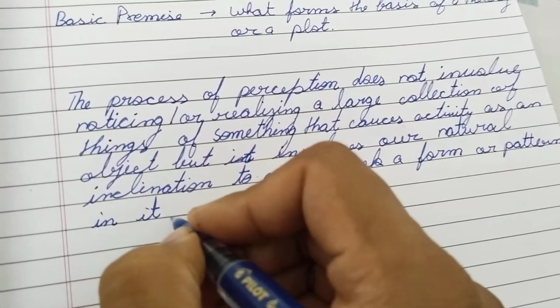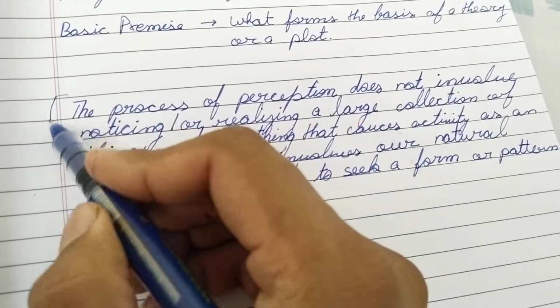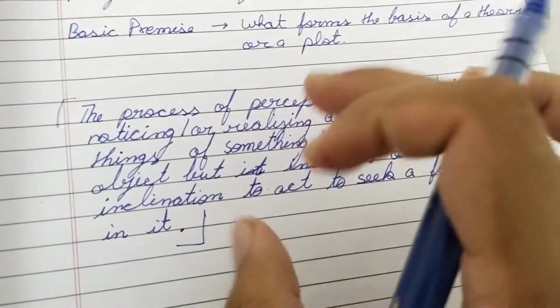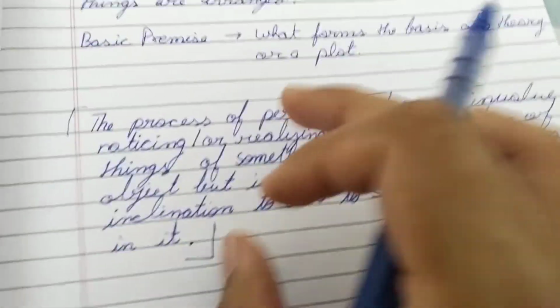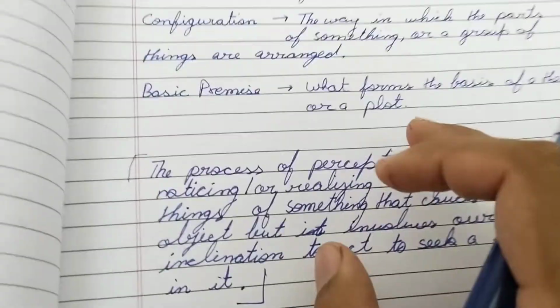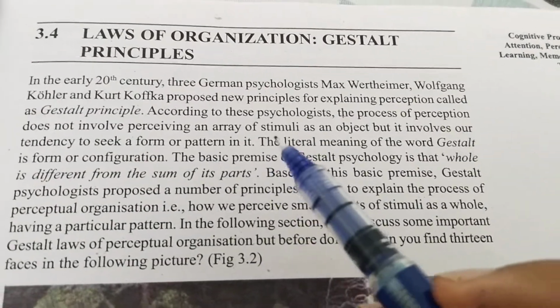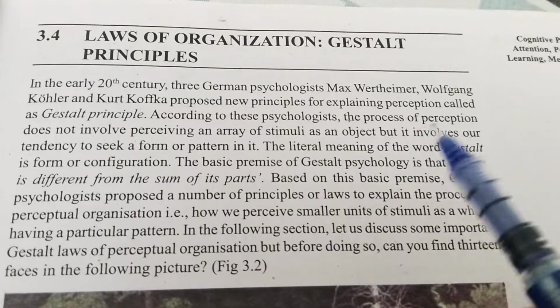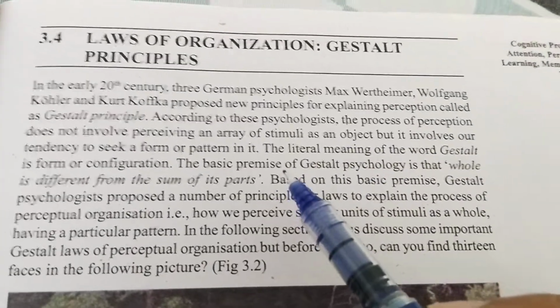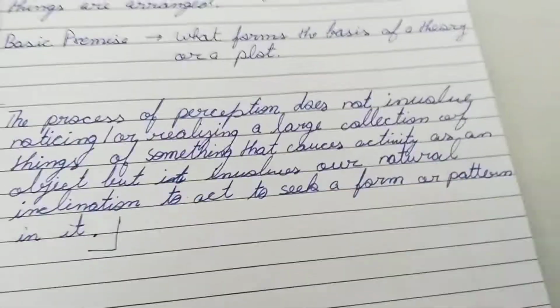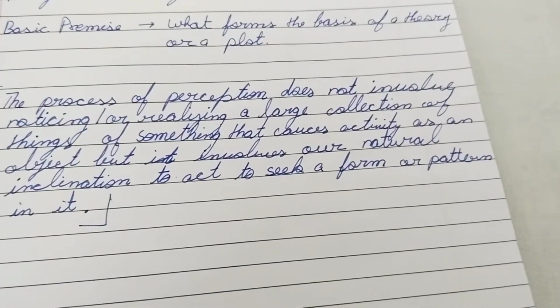So this is basically the meaning of the core part of this Gestalt principle. Like here in the book, it's given as: the process of perception does not involve perceiving an array of stimuli as an object, but it involves our tendency to seek a form or pattern in it. And the meaning of this is this. If you wish, you can just note it down somewhere.